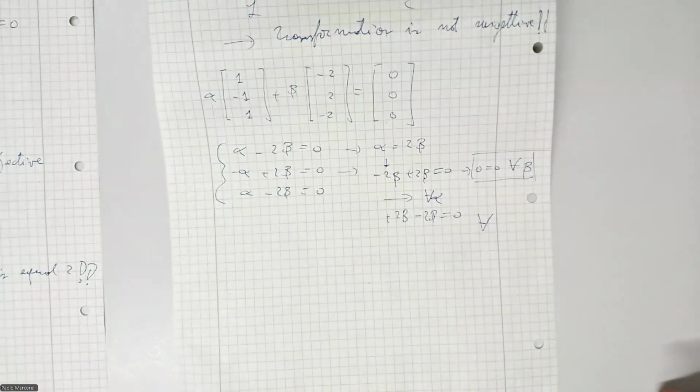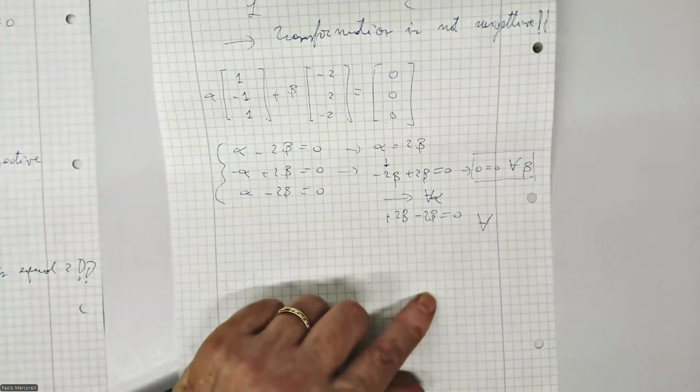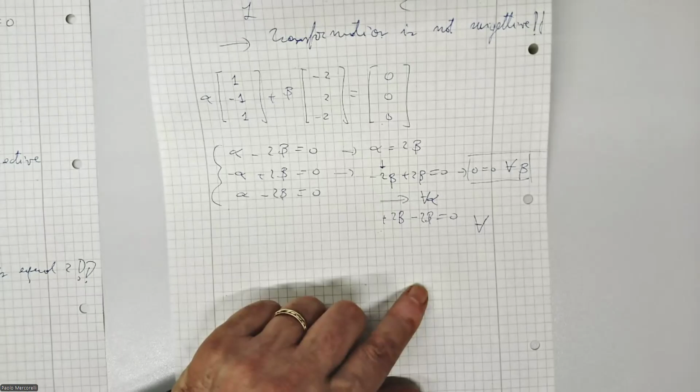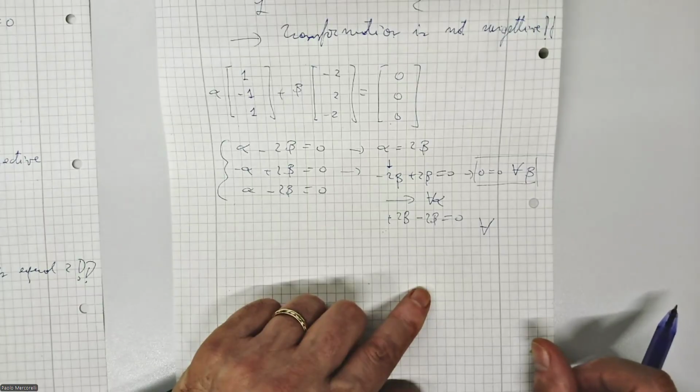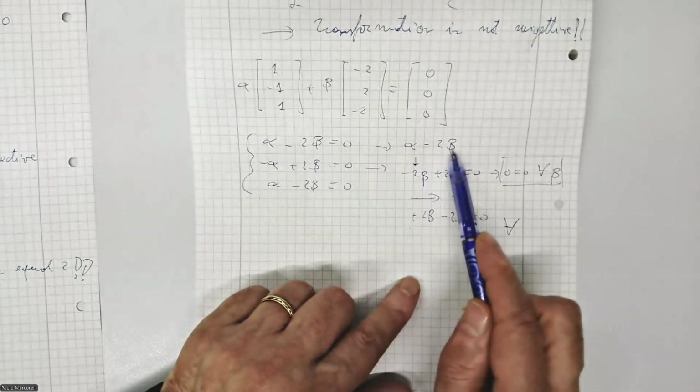Maybe 6, no, that's okay, no? No, I think I made mistakes. Let me see. This is okay.